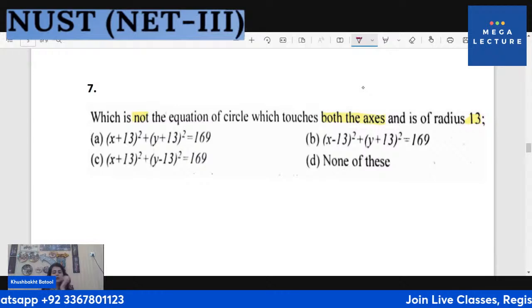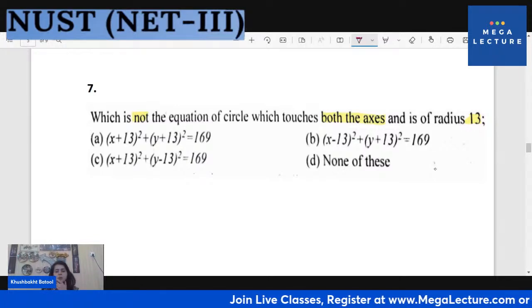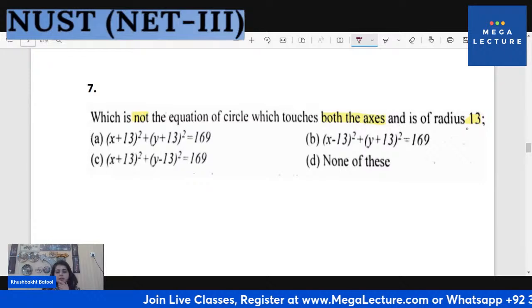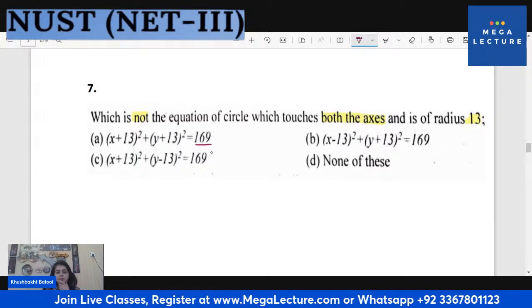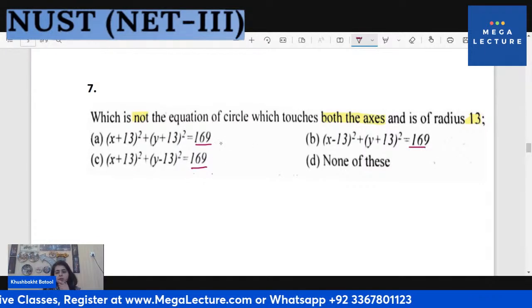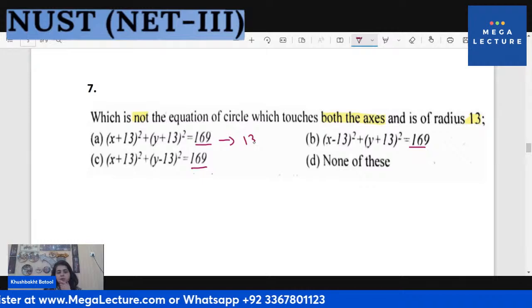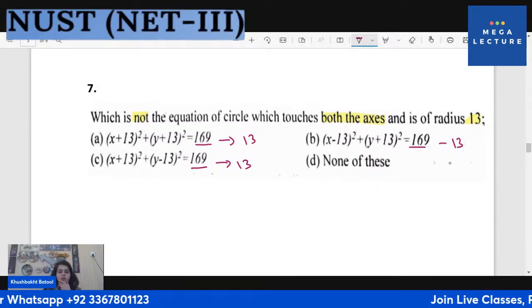Right, now we need to see one thing, that the radius is 13 for the first one, 13 for the second one, 13 for the third one.